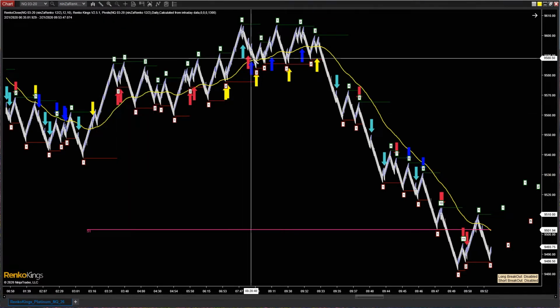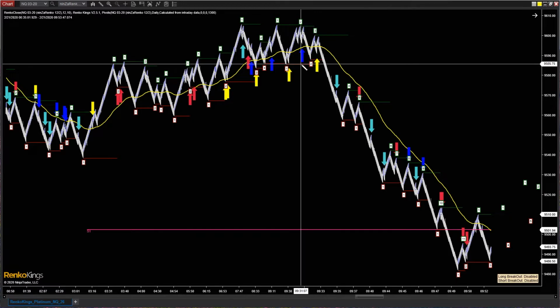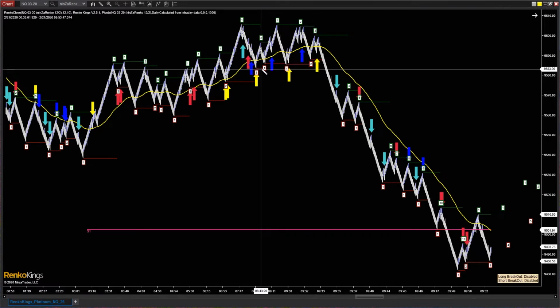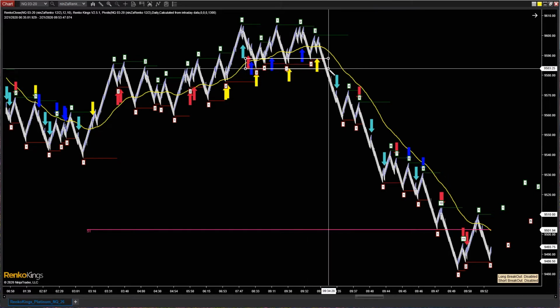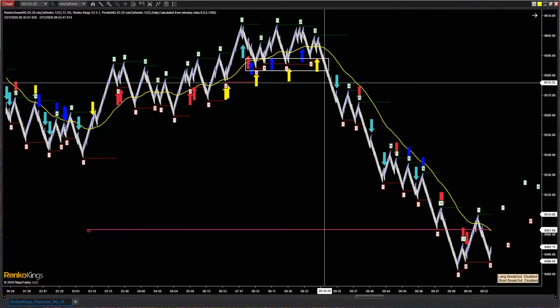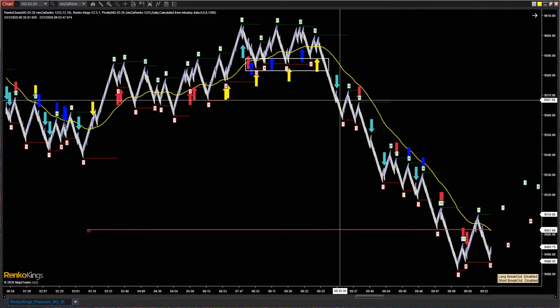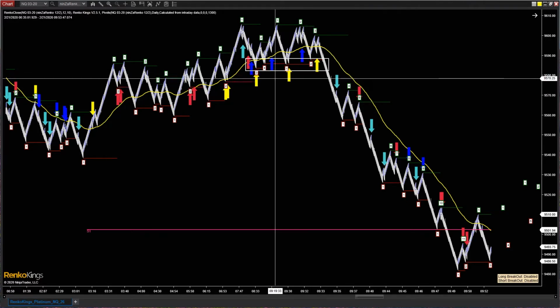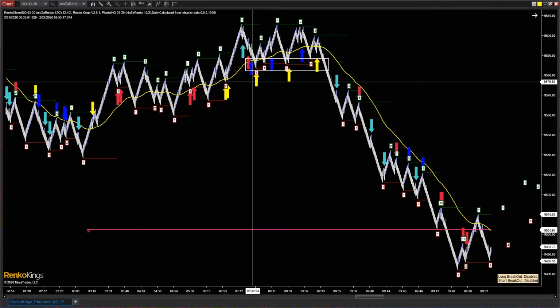So we have this one up here, this one and this one are very close, and we have this one here. So we can draw a box around that, right? And we broke through it, and we got a breakout area. And then we have this one right here, but then it kept going, right?